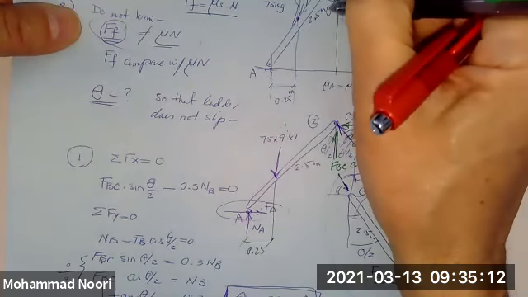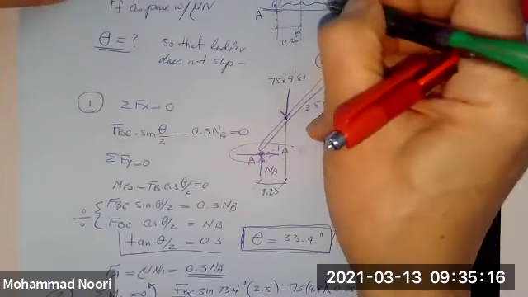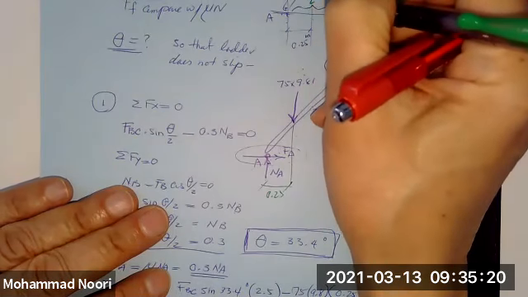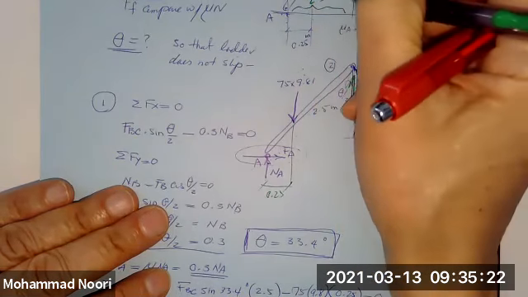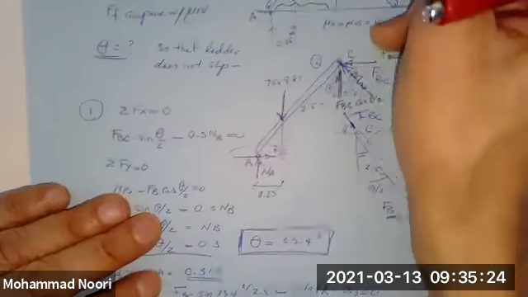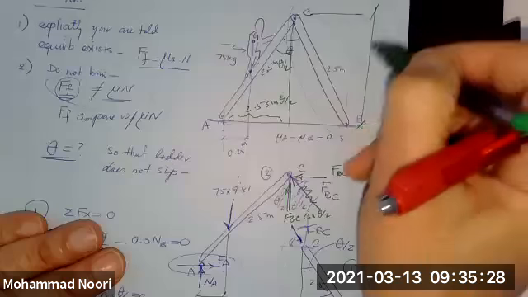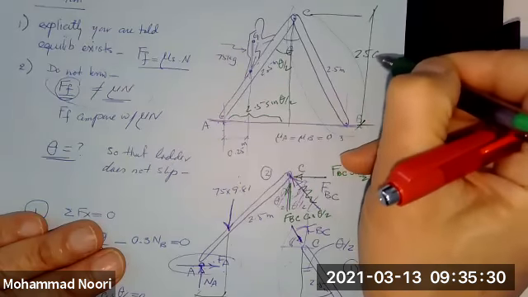This is theta over 2, right? This distance is 2.5 sine of theta over 2, and this distance is 2.5 cosine of theta over 2.